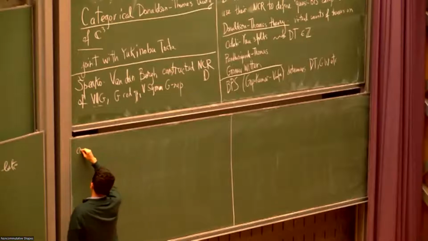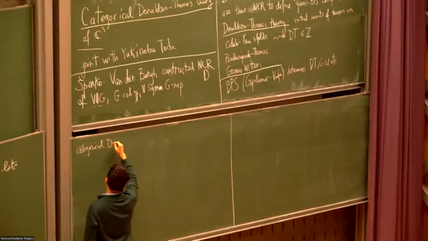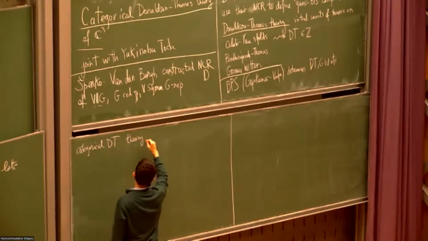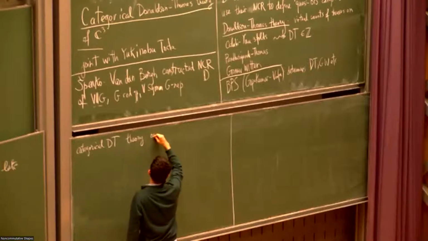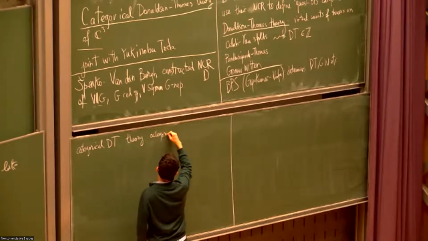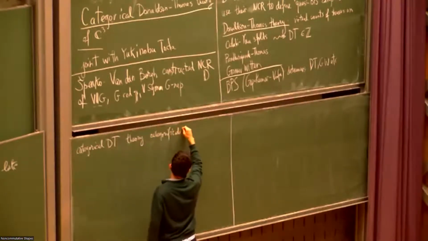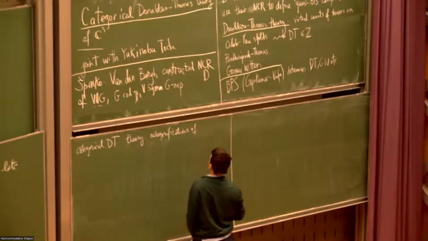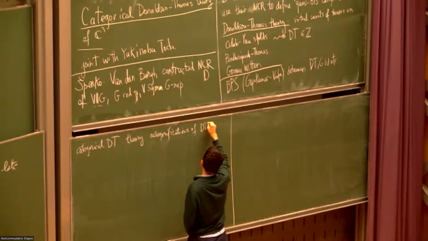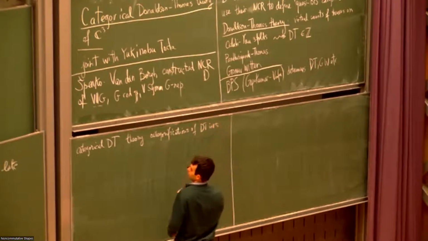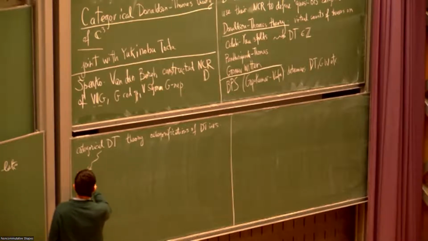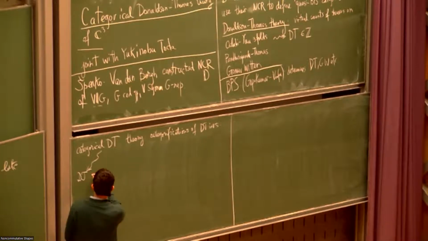So now in categorical Donaldson-Thomas theory, we look at categorifications of structures from DT theory. So let's say of DT invariants. So this produces some DT categories.